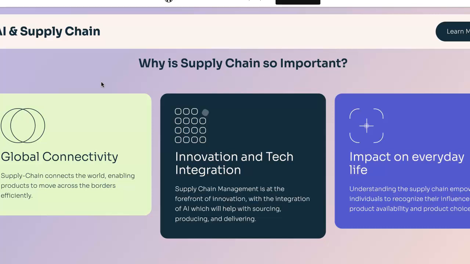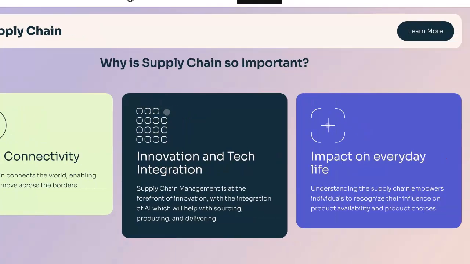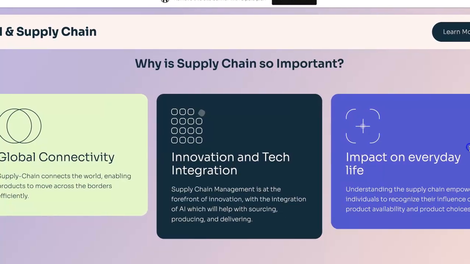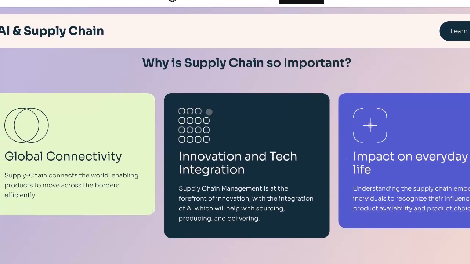I won't go too much in depth, so you can just look at it yourself. We have global connectivity, innovation and tech integration, and impact on everyday life, because supply chain does impact our everyday life. This website's main purpose is to show that AI can help and will help our everyday lives and the supply chain industry as a whole.